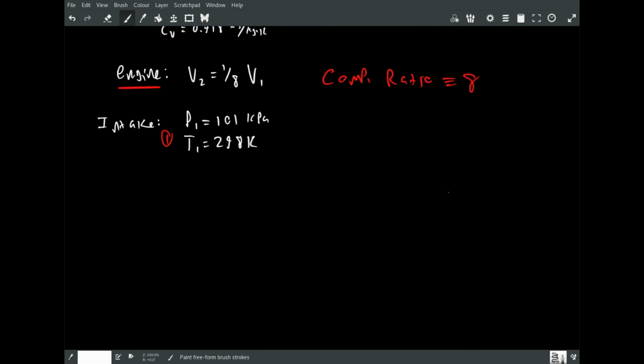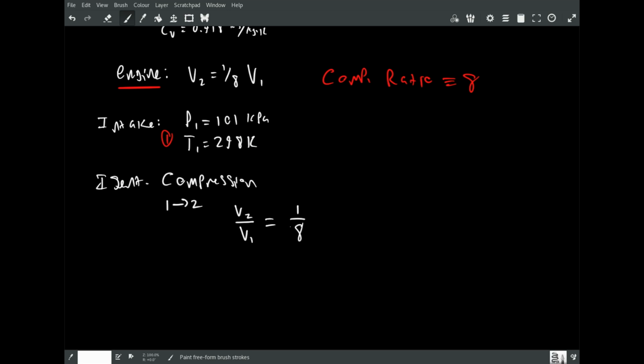So, moving on to point 2, an isentropic process from 1 to 2. We're going to find what our pressure and temperature are at point 2. What we know is this volume ratio, V2 over V1 equals 1/8, since V2 is 1/8 of V1.